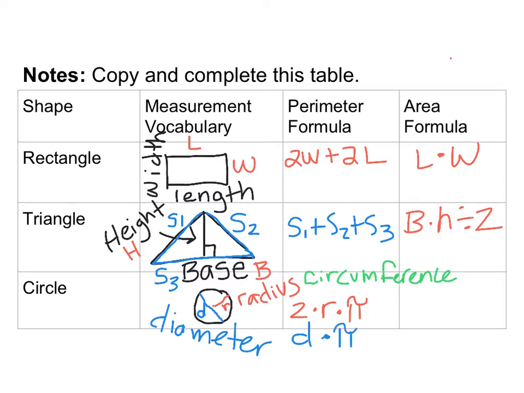And it should make sense that they both work since 2 times the radius is the diameter, since radius only goes halfway across. Then for area, we need pi times r squared, which is the same as saying pi times r times r.